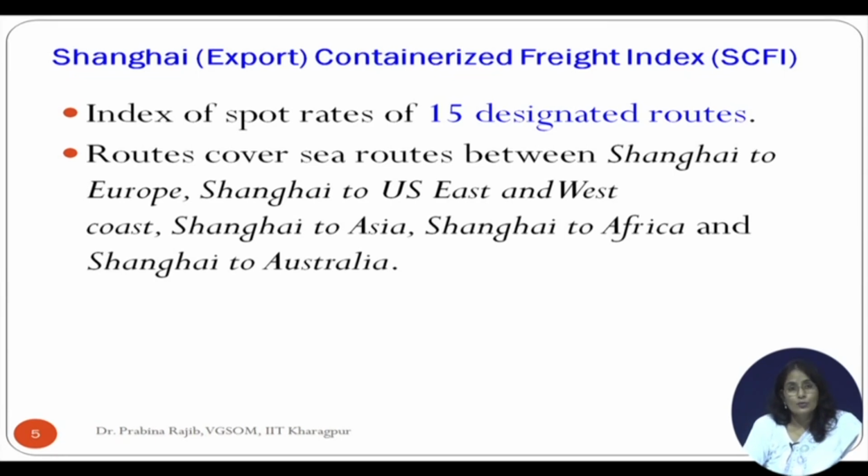These routes cover sea routes between Shanghai and Europe, Shanghai and the US East and West Coast, Shanghai to Asia, Shanghai to Africa, and Shanghai to Australia. Basically, all export-import trade between China and other parts of the world through container ships. This index represents that particular market.